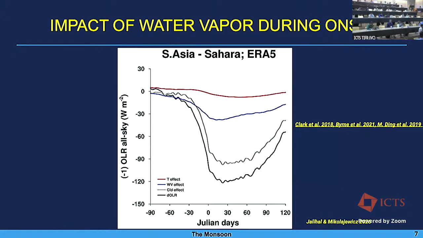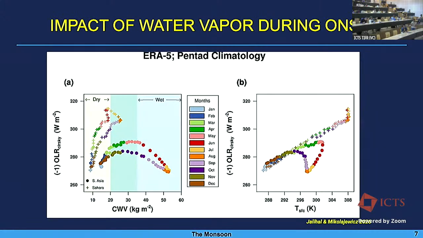I'm just rephrasing what Spencer asked. Can we go to your previous slide where you show water vapor and clear sky OLR? I was thinking that for the same value of water vapor, you could have two clear sky OLR values, and the same for surface temperature.